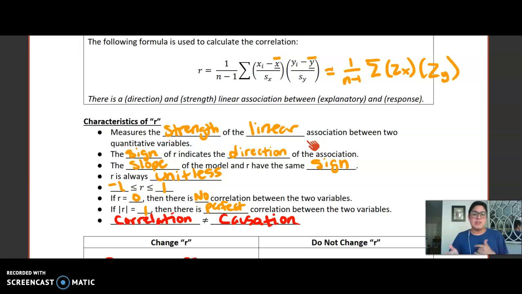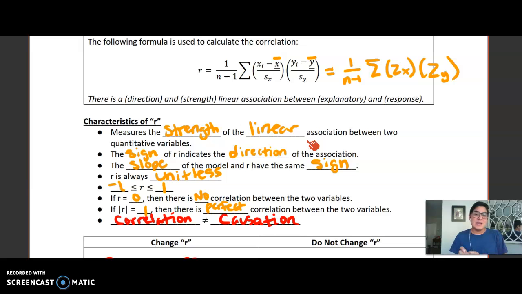Now, the slope of the model and r have the same sign as per the previous explanation there. R is always unitless. Since we're using these z-scores here and we're standardizing our values, it's going to be unitless, as it is just giving us this strength and direction of these two quantitative variables.